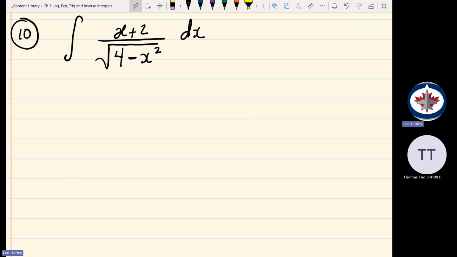So we're going to break it into two separate functions. One really nice one and one that's going to be an inverse trig function, right? So if we unmerge the bottom, the first one is actually not too shabby.